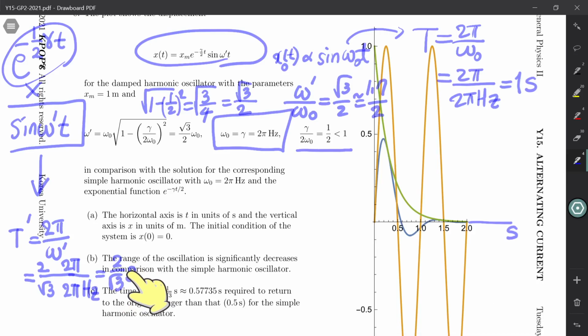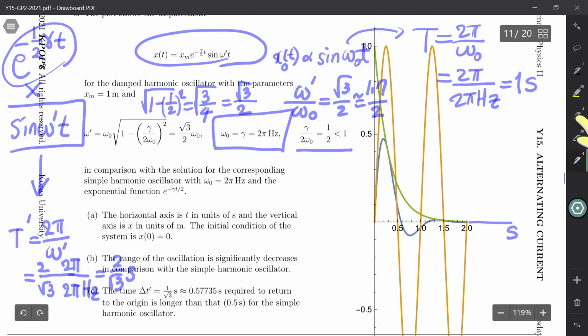That means when it returns to the origin, here is somewhere around here. T prime is greater than 1 second. This is T, T equals 1 second.